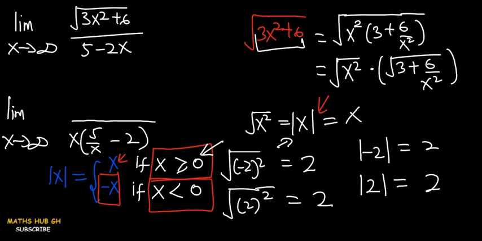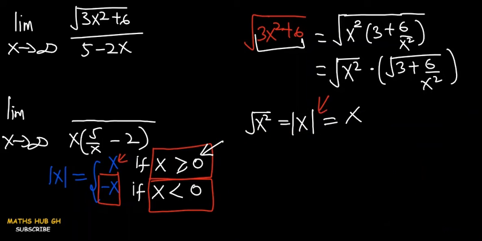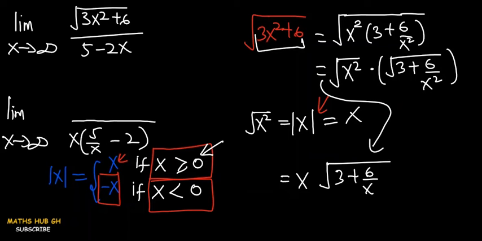Hold on, let me free up some space. Okay, so now we can write this whole expression as x multiplying the square root of 3 plus 6 over x squared, because you know that the square root of x squared will be equal to the absolute value of x.